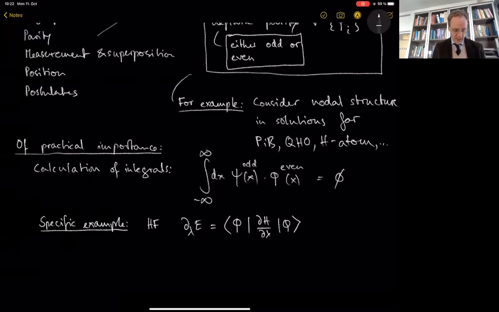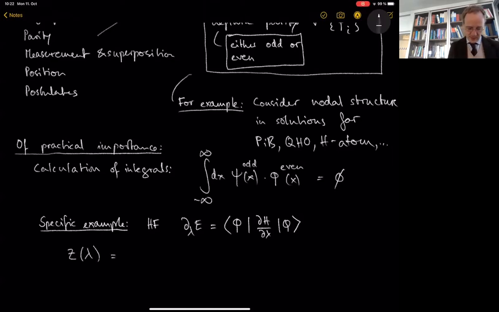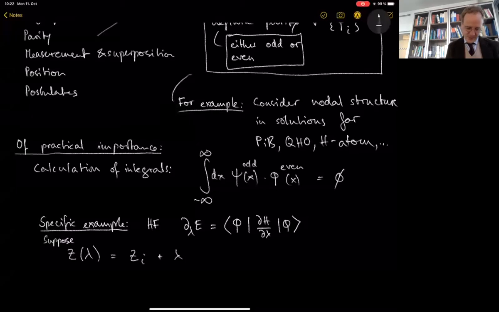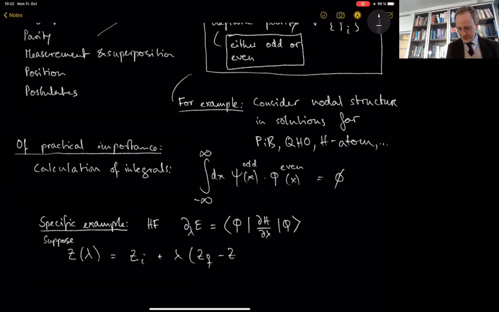Now, suppose that lambda interpolates your nuclear charge Z. Suppose there's a nuclear charge Z as a function of lambda. Then you can have an initial nuclear charge, and we simply interpolate this linearly for lambda going from some initial charge to some final charge, with 0 ≤ lambda ≤ 1.